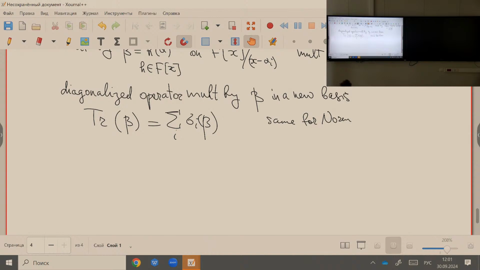Now how can we prove that the trace is non-trivial?